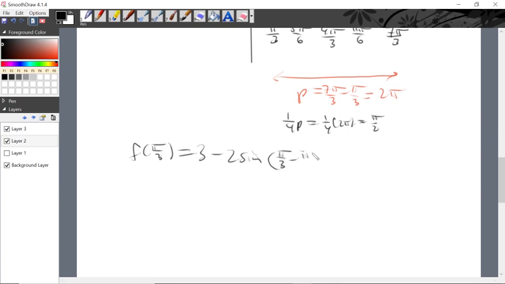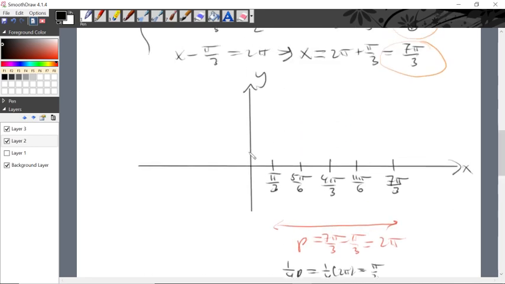So pi over 3 minus pi over 3. Calculate that, we get 3 minus 2 times 0, because the sine of 0 is 0. Well, that just equals 3. In other words, we start at equilibrium, where the y value is equal to 3. At pi over 3, we're starting at 3.